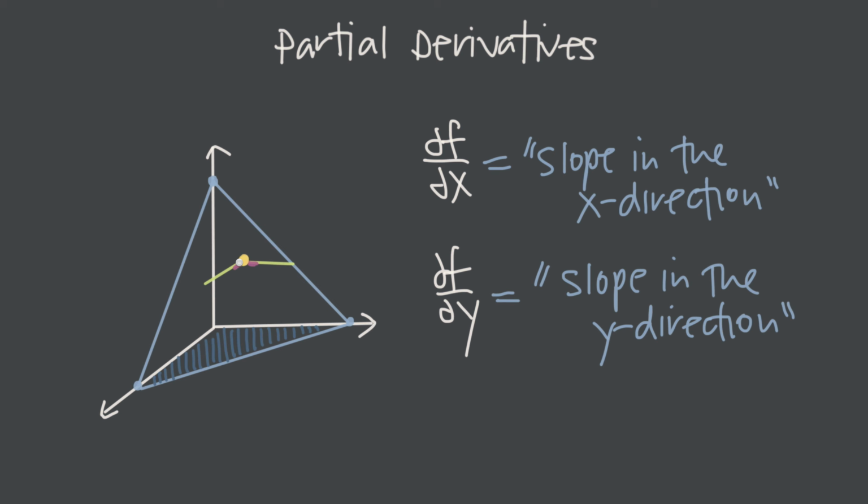Because if I'm taking an infinitely small increment, I'm not really moving away from this point a distance toward x or toward y. I'm just right at that point trying to get a feel for the slope right there.